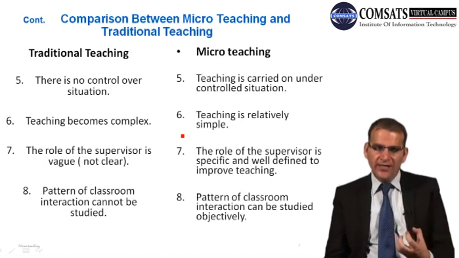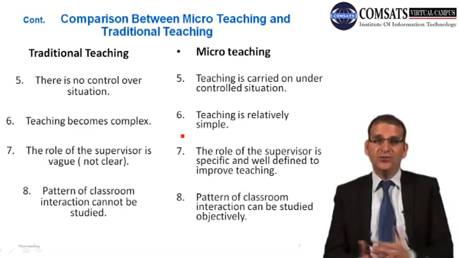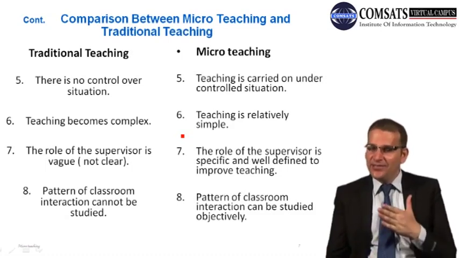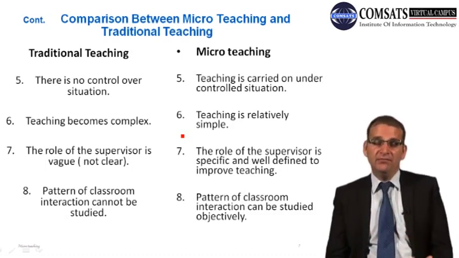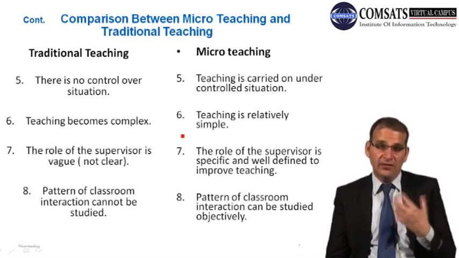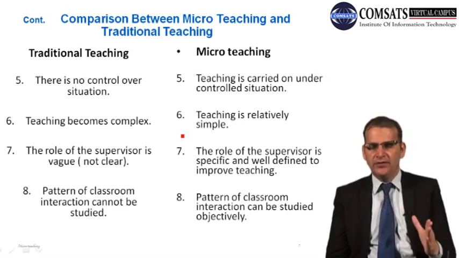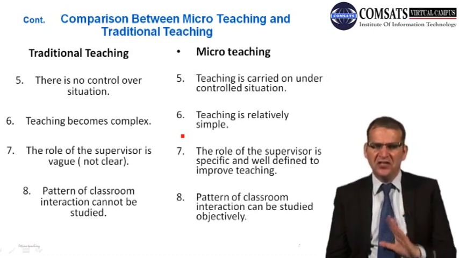The role of a supervisor is vague in traditional teaching, because there is no evaluator. The students evaluate, and sometimes students do not have that freedom of expression. Particularly in the public sector, there is no check and balance. Students even raise fingers, they raise voices, and nobody cares.